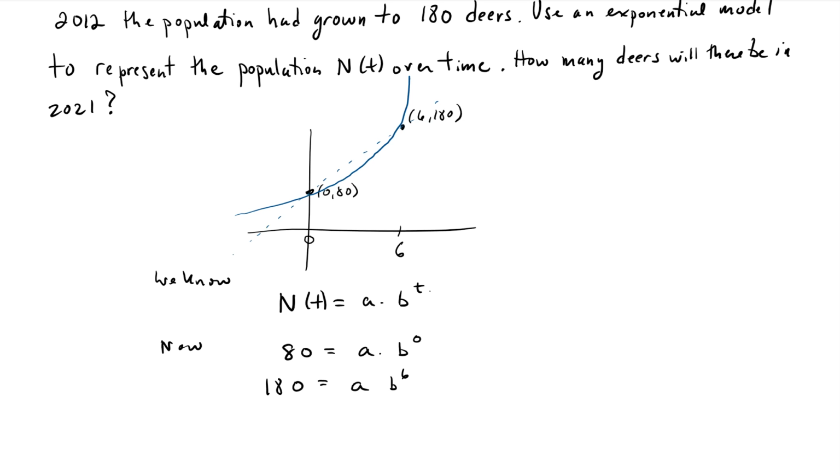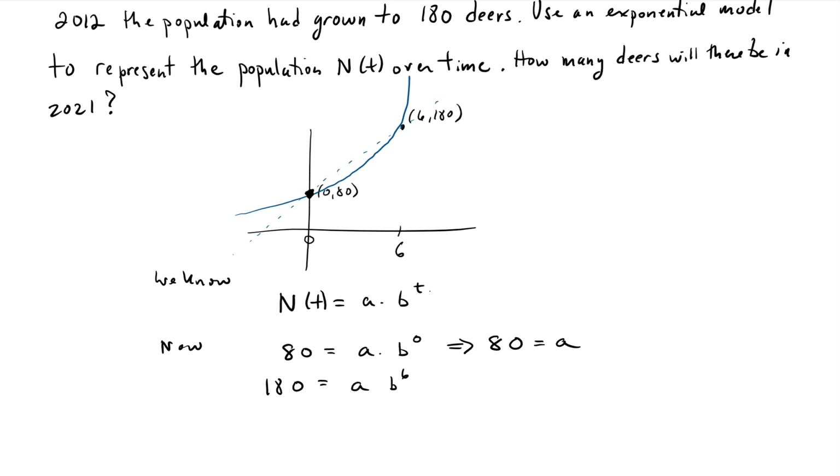Okay, so from this, can I deduce something? Well, b to the 0 is just 1, so I can easily deduce that a is 80 from this, which I can actually tell because the y-intercept of my exponential model corresponds to a, so I knew that already in some way looking at the graph.